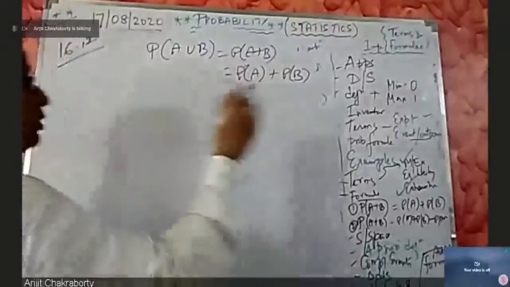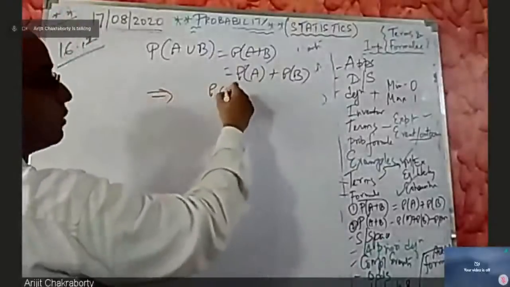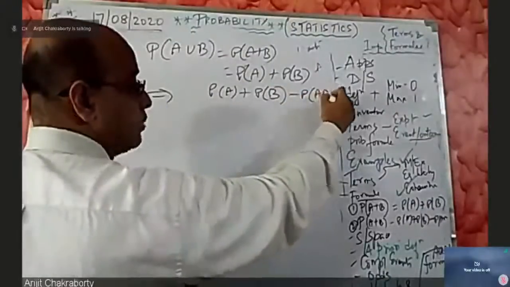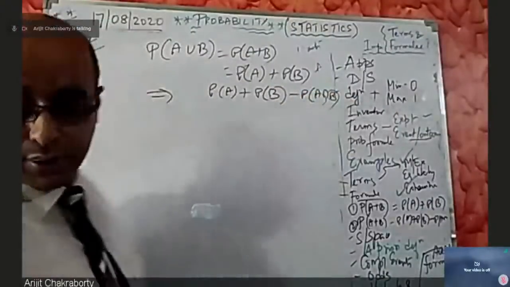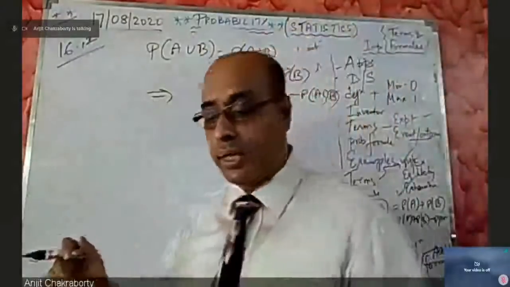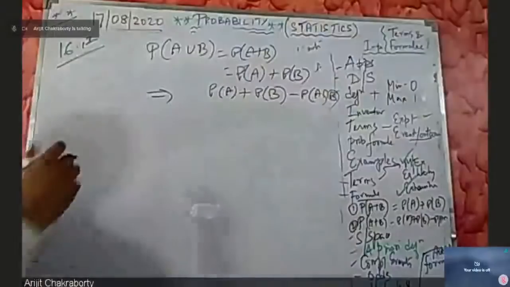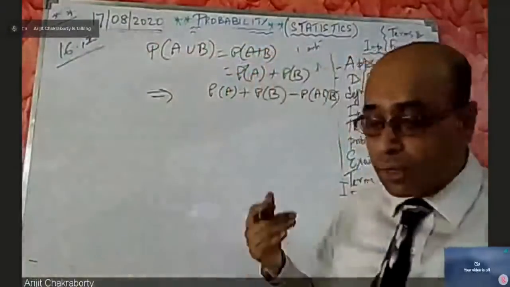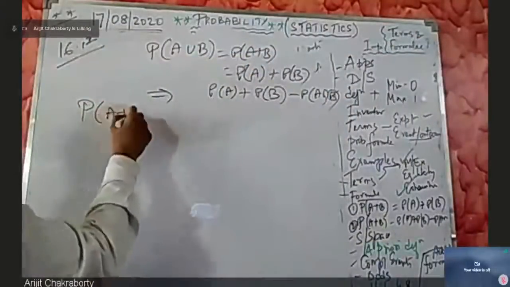If the events are not mutually exclusive, then it is P(A) plus P(B) minus P(A intersection B). Now we see theorem 4, which says that for three events A, B and C, if they are not mutually exclusive, what will be the probability of P(A plus B plus C)?